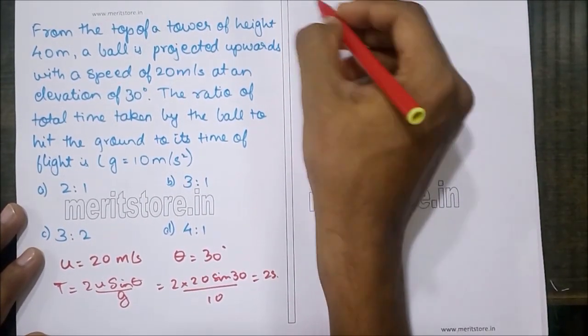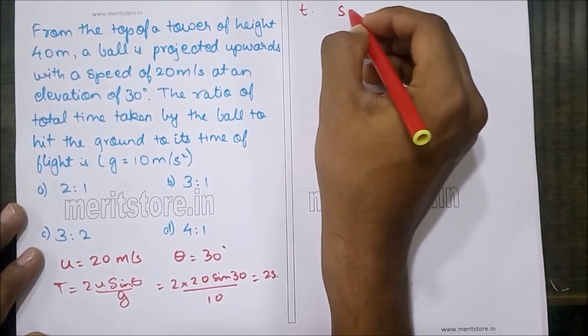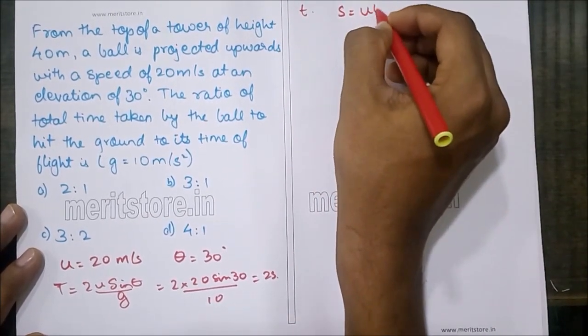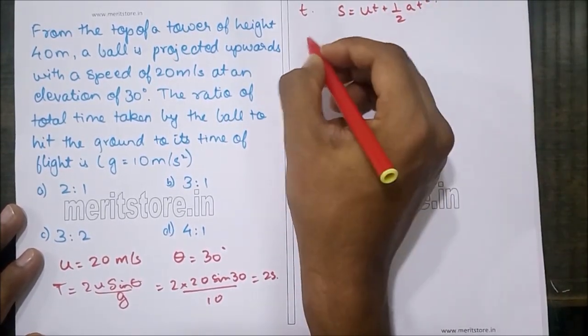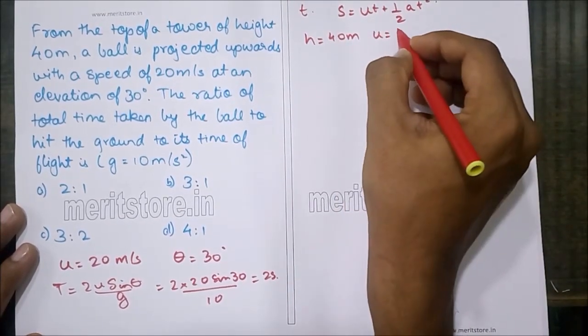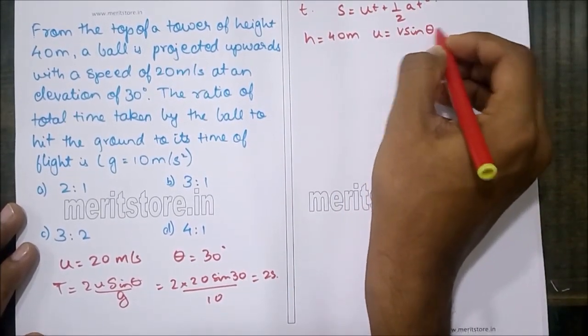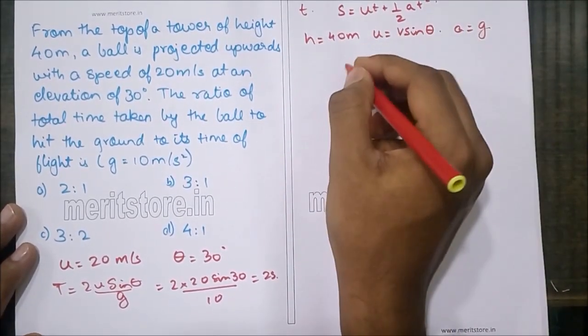Now, if t is the total time taken by the ball to hit the ground, then using the relation s is equal to ut plus half at square, where h is equal to 40 meters and u is equal to u sine theta and a can be written as g.